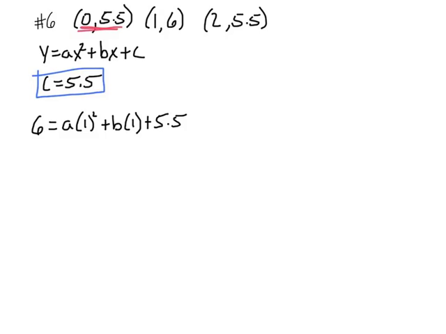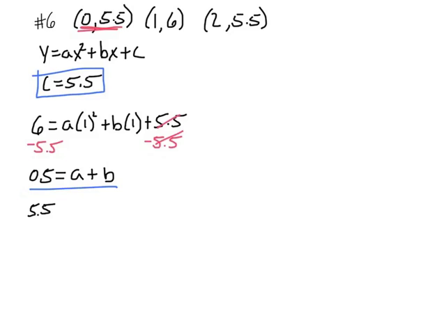Okay, and we need to then subtract 5.5. So we now get 0.5 equals A plus B. There's an equation we need. Okay, we need our equations that have A and B in them. So let's go ahead then and use our third point.